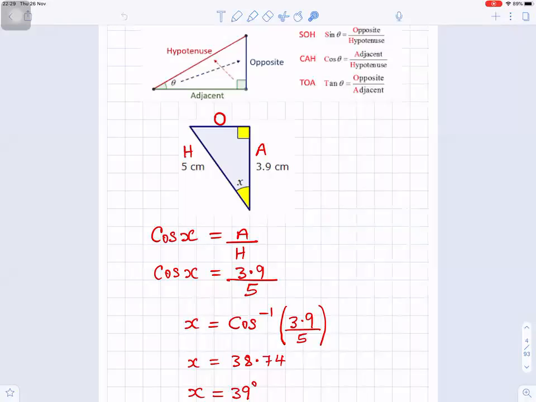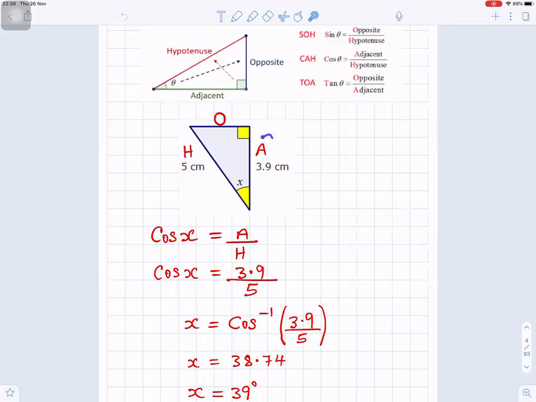For the next question, we are using the same SOHCAHTOA, the formula at the top right hand side. So applying it to our triangle, looking up, that's the opposite from the angle X. The adjacent is 3.9 centimeters, the one next to the angle, and the hypotenuse, the one opposite the 90 degrees, is 5 centimeters.